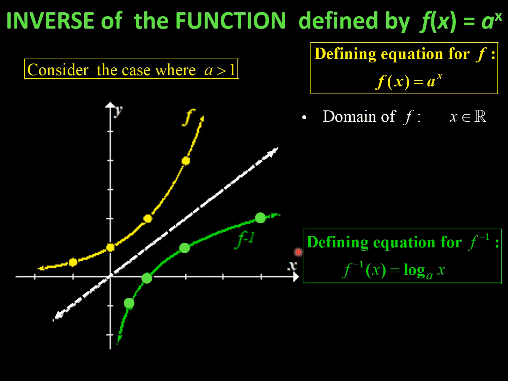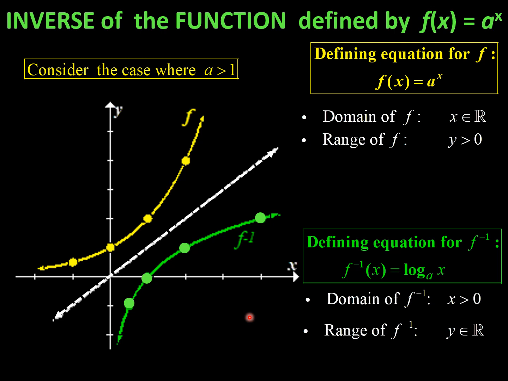Let's compare some of their properties. The domain of the exponential is x, an element of the real numbers, where the domain of the inverse is only positive values, therefore x is greater than 0. The range of the exponential is y greater than 0 because the asymptote is 0 there. And the range of the inverse again is y, an element of the real numbers.